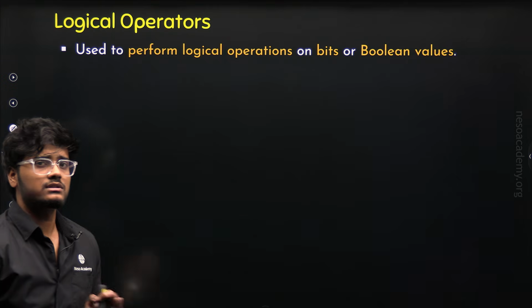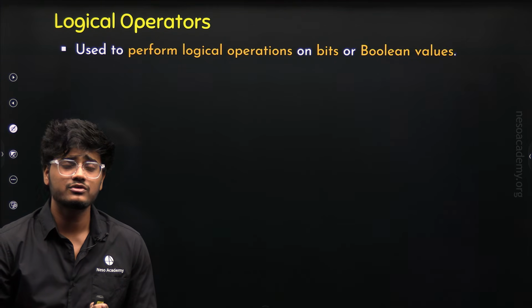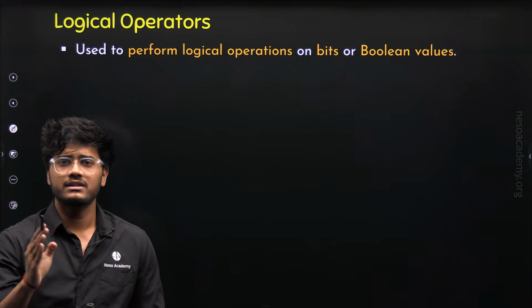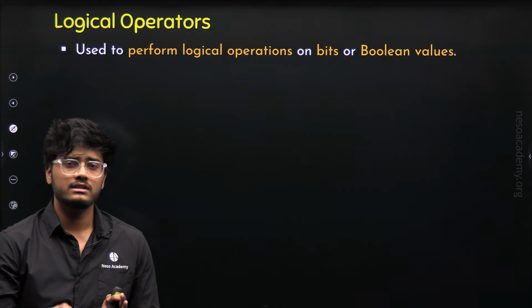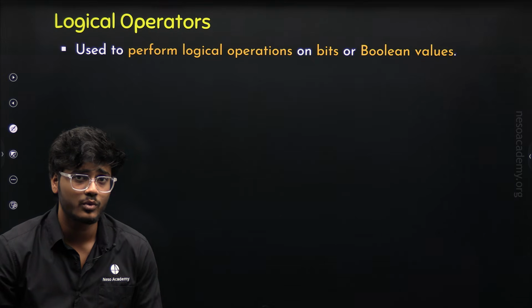They are used to compare or combine binary values using logic rules. Example, A and B. The logic is, output becomes 1 when both inputs A and B are 1.